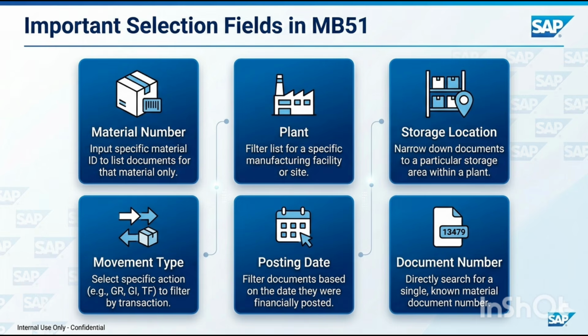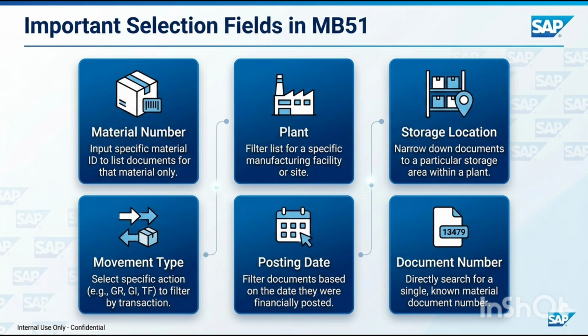So in key fields, the most important fields you should know on the selection screen are, first, material number. Enter the material you want to check, maybe 543, 000, 141, 123, 456, 78, whatever material number you want to check. Then plant. This is very important. Always enter the plant code.